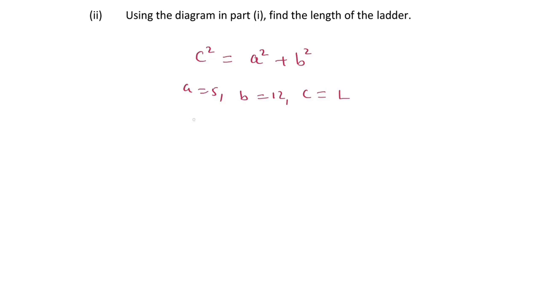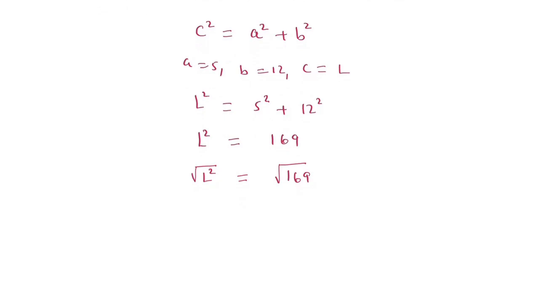Then our equation is going to be L squared, representing the length of the ladder, equals 5 squared plus 12 squared. Solving these values, we have L squared equals 169. Next we are going to apply the root on both sides. Then we have the square root of L squared equals the square root of 169. Solving this, we have L equals 13 meters, and this is going to be the length required.